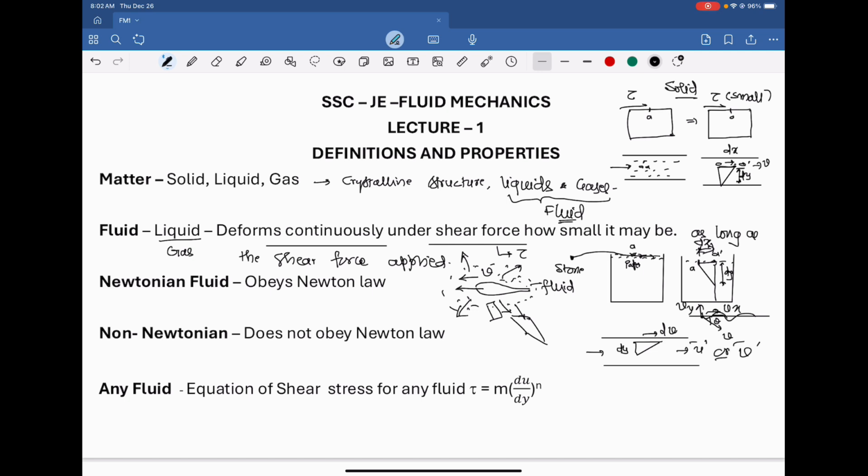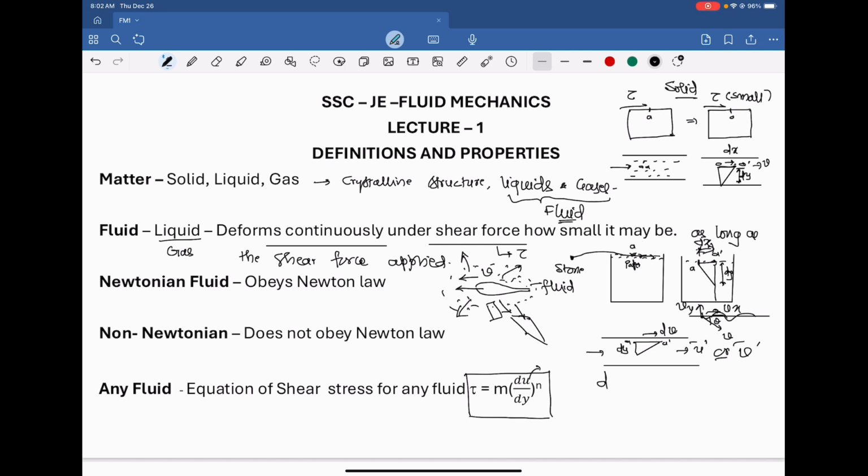These are only symbols, and also they are only what you call nomenclature. Don't worry about u and v. There is a relation for shear stress of any fluid moving with a velocity of u, and the particle moves from A to A dash.